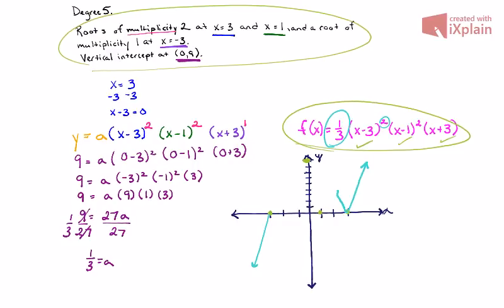We know that it's going to come down to 1 at some point, and we also note that x is equal to 1 has a multiplicity of 2 as well, so it will bounce. Since it's bouncing, it must be coming up to hit the y-intercept, and it's going to come down. Since we know that x is equal to negative 3 has a multiplicity of 1, we know it's just going to slice through.